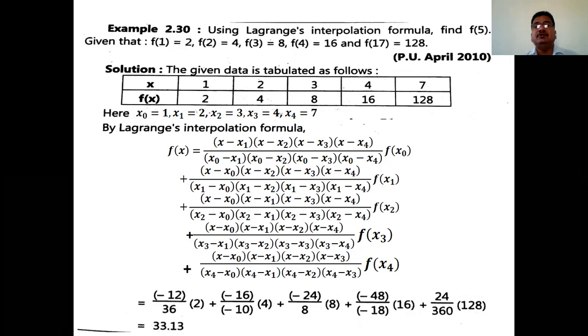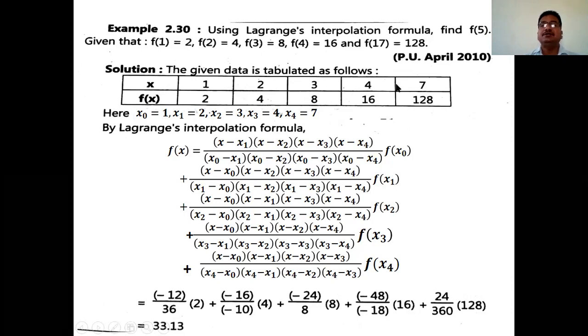You have to use Lagrange's interpolation formula. Here the instruction in the example says to use Lagrange's interpolation formula. If this is not given, and only the question is find f of 5, then also we have to use Lagrange's interpolation formula, because the values of x are not equidistant, and the problem is of interpolation.